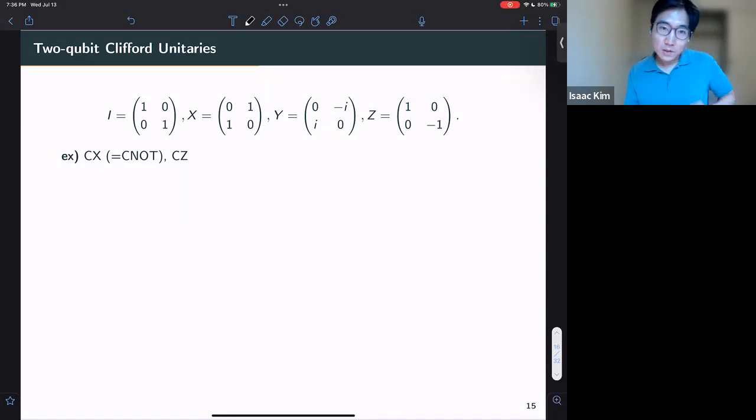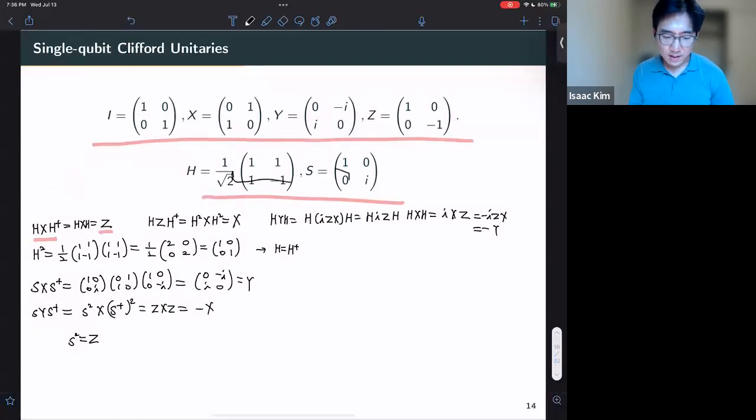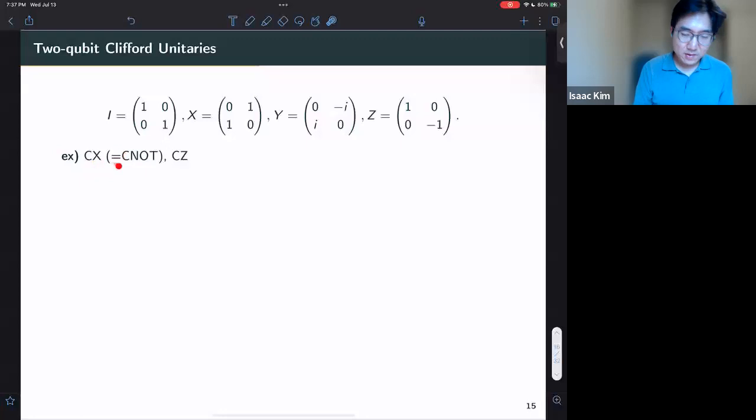It turns out that for n qubit Paulis, the set of Clifford unitaries is generated by H, S, and I, X, Y, Z, and you just need one more extra type of gate, which is known as the CNOT gate.